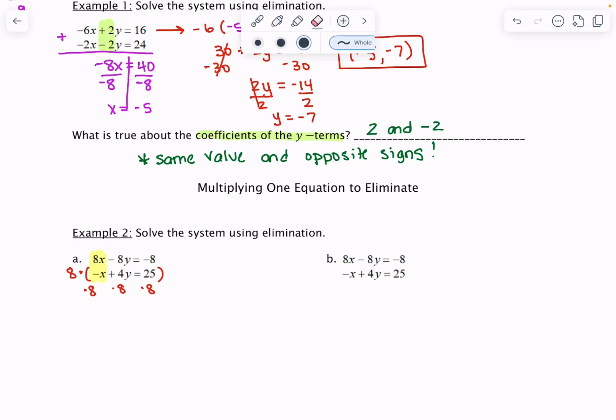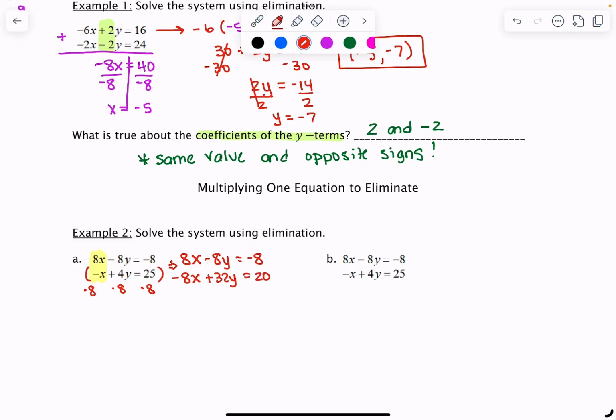So I'm going to leave my top equation the same: 8x minus 8y equals -8. But now my bottom equation, when I multiply it, I get -8x plus 32y equals 200. I multiplied every term in that equation by 8.